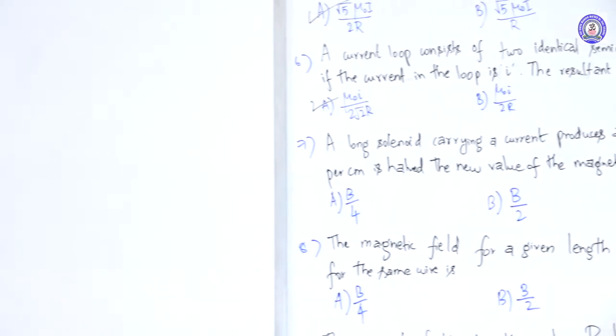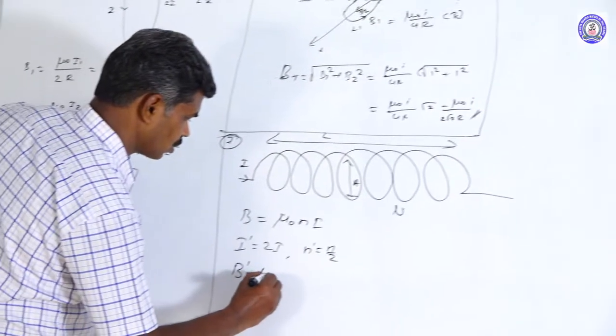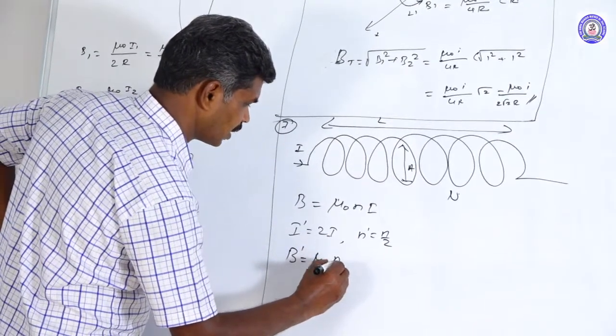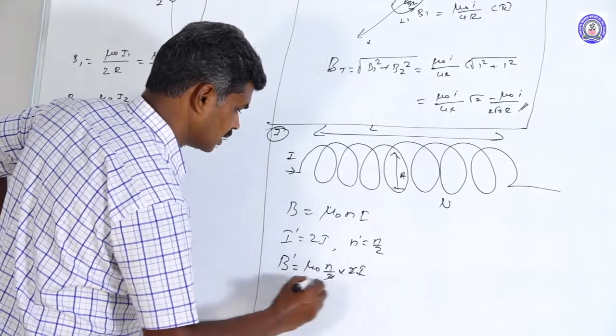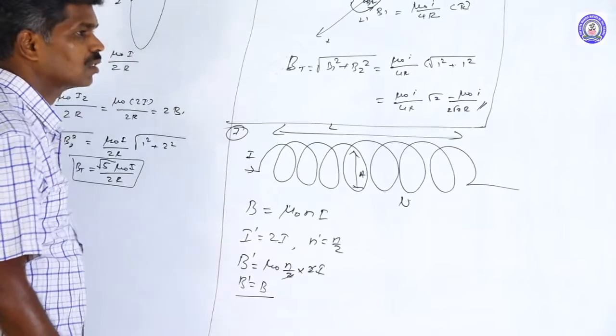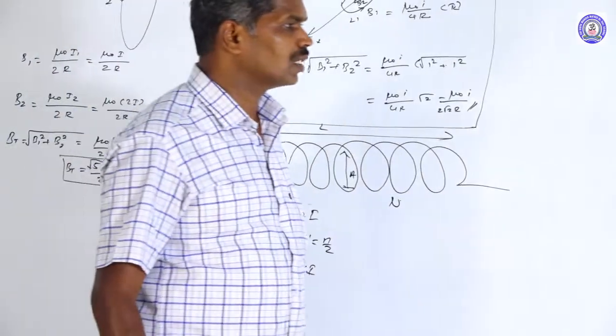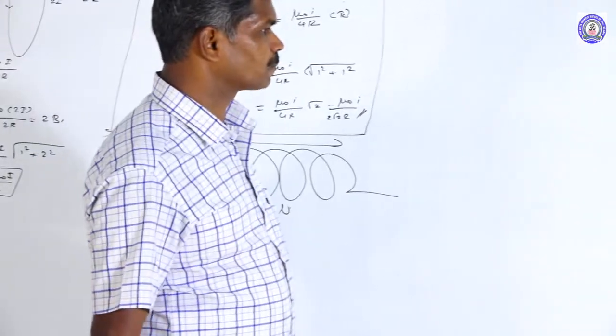If we substitute, B prime is equal to mu naught times n prime, n by 2, times I prime, 2I. The 2 cancels, so B prime is the same value as B. That's why our option is B only.